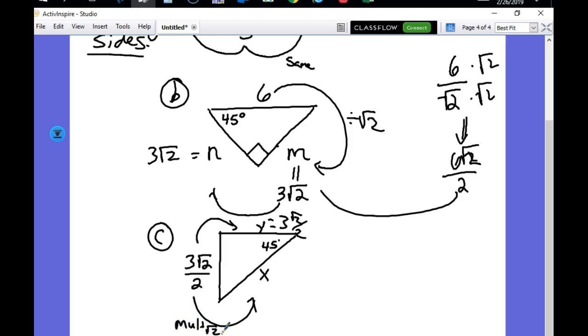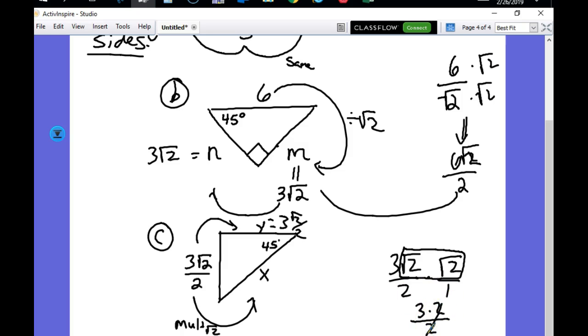Okay, so let's show our work over here on the side for that. I'm going to take 3 square root of 2 over 2, and multiply that by the square root of 2, putting that over 1. Multiply straight across. So what does this make when I multiply these together? 2 times 1 is 2, right?